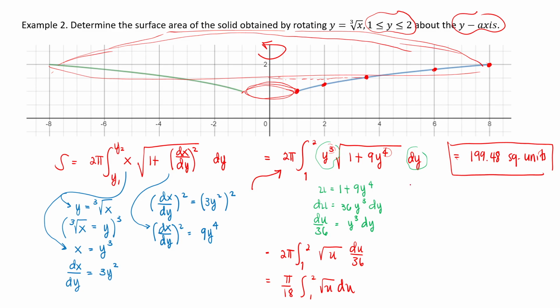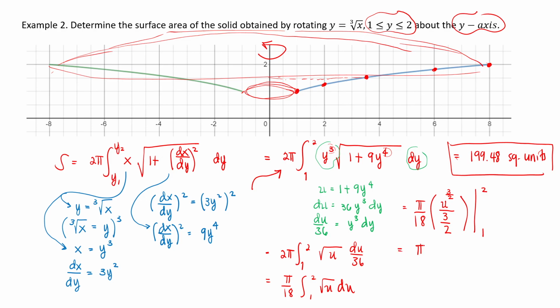Determine first the integral of square root of u. So this becomes pi over 18, and the integral of square root of u is u to the power of 3 halves, plus 1, over 3 halves, from 1 to 2.